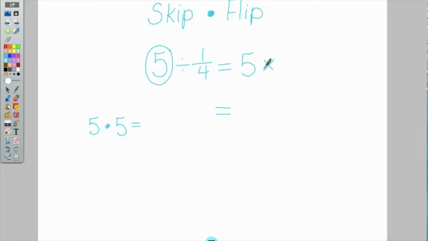Write that down. Flip. What do you think that means? Flip the number around. So I'm going to take this 1/4, flip it around, and it's going to be 4/1. Which is the same thing as 4, right? So 5 times 4. There you go. Let's do another one. That's the answer. Didn't we get 20 when we did it before? Yeah. Okay, let's do another one.